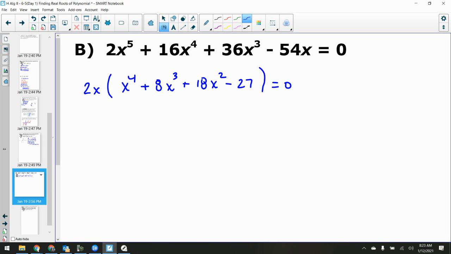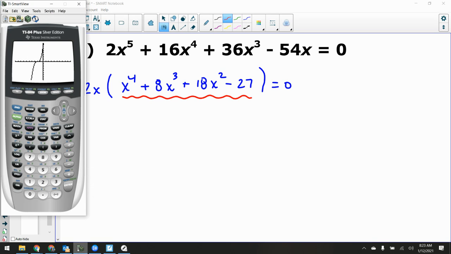Now at this point, I might try to factor by grouping in the middle, but guess what? It's not gonna work. Spoiler alert. All right, so what do we do now? Well, to try to reduce it down, that thing's gonna go in our calculator. You keep chipping away and you go with the piece that's not factorable into your calculator.